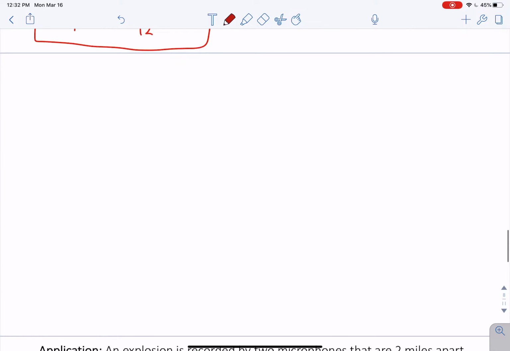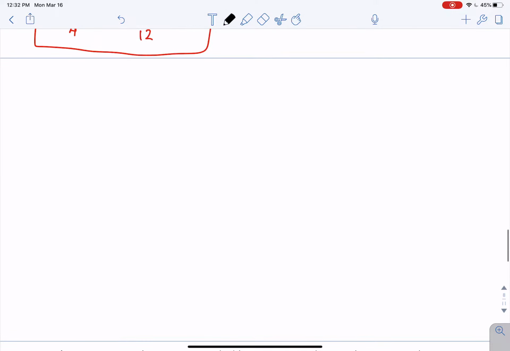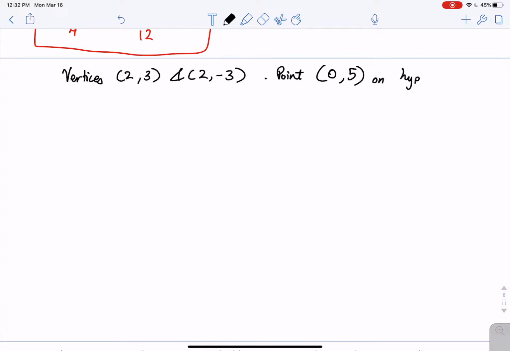We'll do one more. So we'll say here we have vertices (2, 3) and (2, -3), and the point (0, 5) is on the hyperbola. So we know vertices and we know a point on the hyperbola. So we don't know things that directly give us all the a, b, c, h, k values.